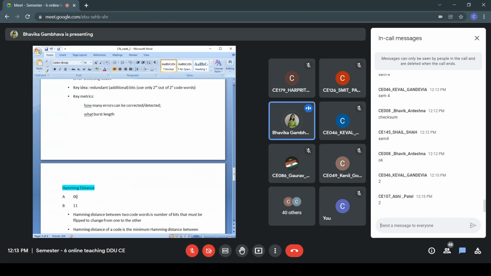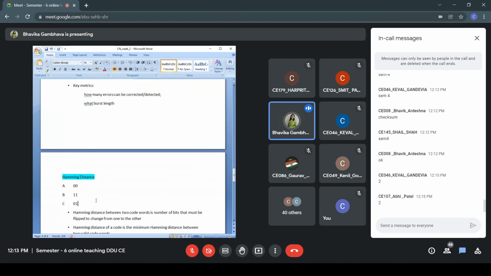So in simpler language, I can say that the difference through which all the code words are different from each other, that is the Hamming distance. Now, if I say that C is 0 1, then what is the Hamming distance between A, B, and C? Between A and B, it is 2.